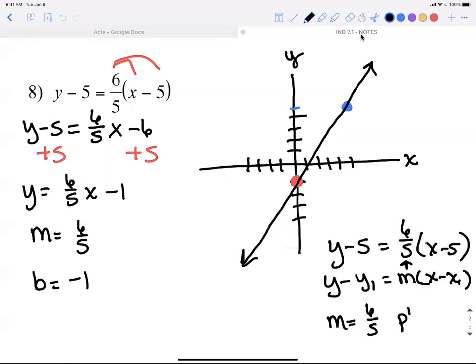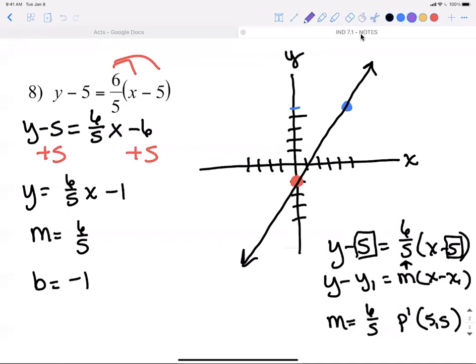And I'm given a point, right? My point, I'm given. Notice it's just the 5. It's not the minus, because minus is part of the equation. Y minus, you're given y. And then it's x minus, you're given x. So I'm going to leave the minus sign behind, and I'm just going to put a square around the 5 and the 5. So my given point is 5, 5.